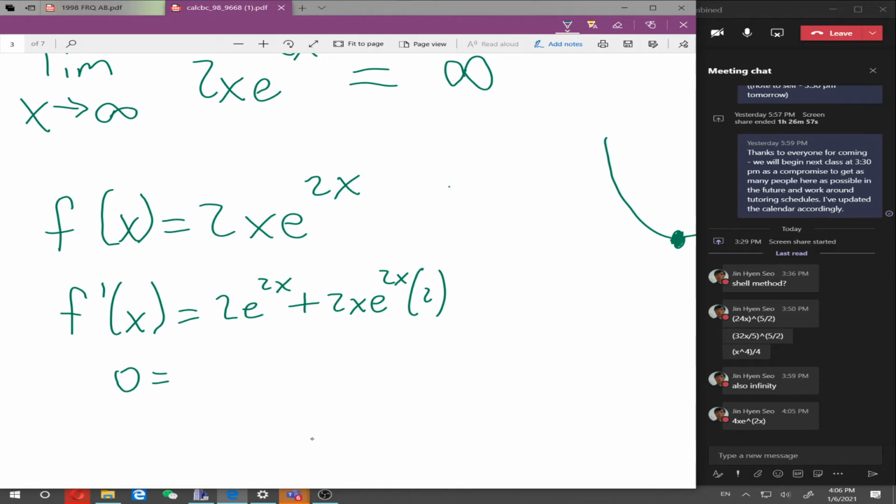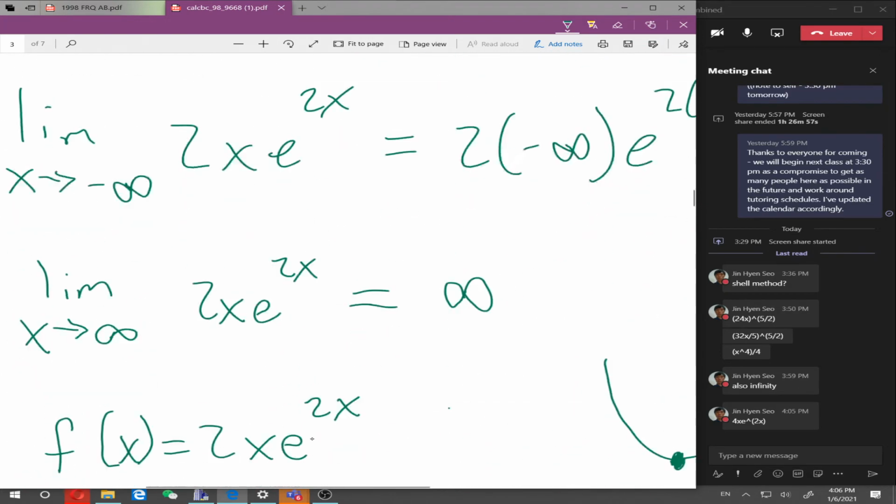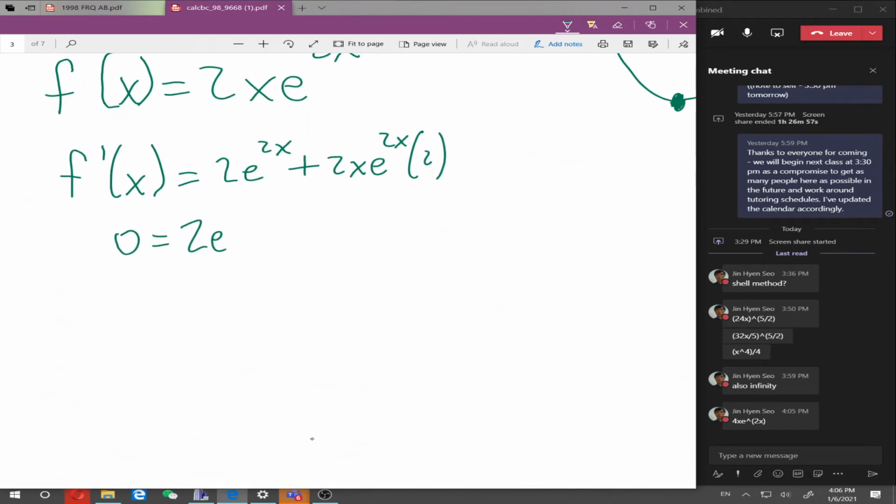Okay. I think I still have a calculator for this one, so that would be fine. I'm going to pull this out for me personally. So this is 2e to the 2x, times 1 plus 2x.